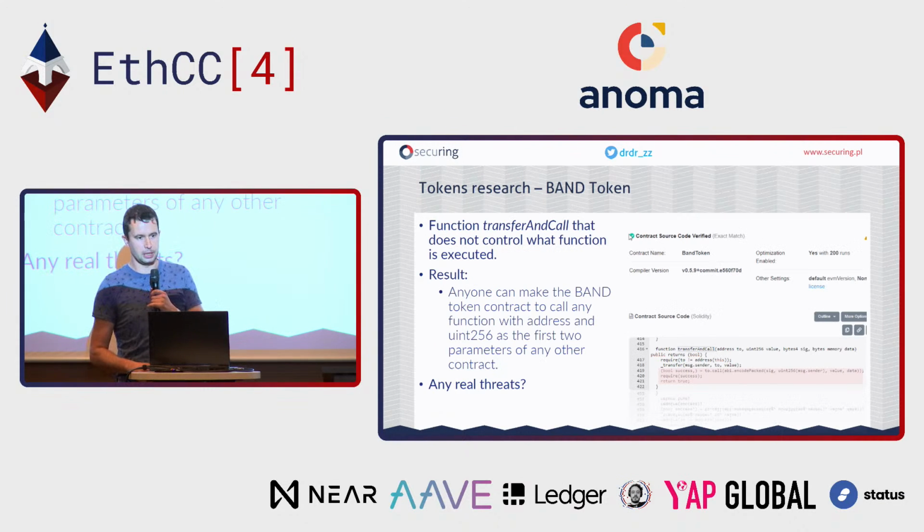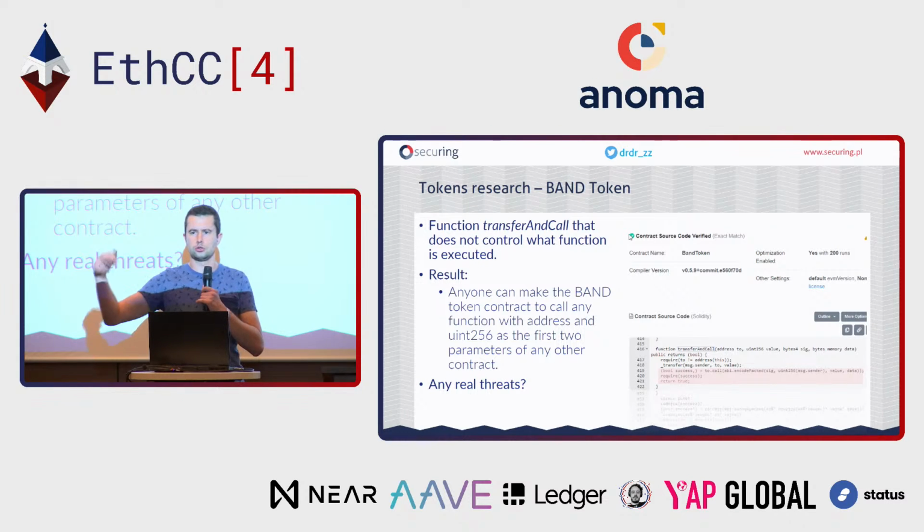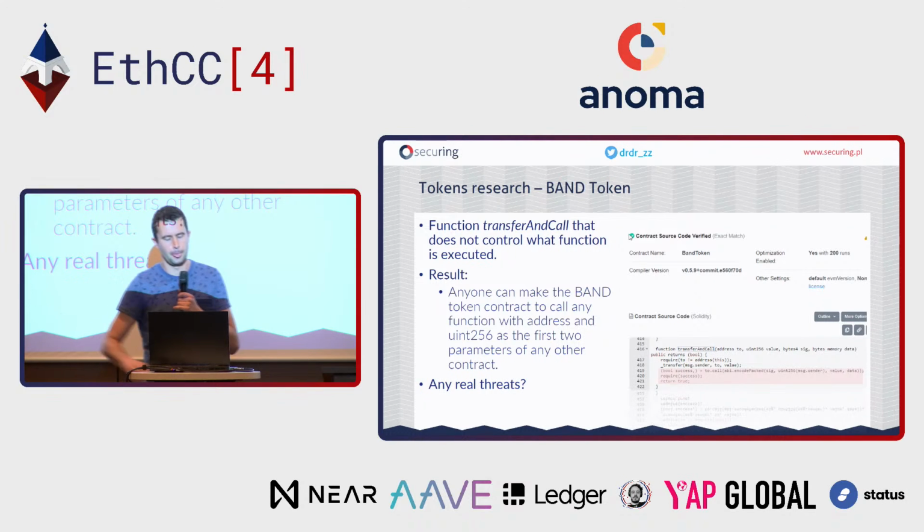The first one was the Band token, where they had an interesting function called transferAndCall. This function is actually quite common, but not in this form, because here the transferAndCall function is the function where you first transfer and then call some function on the receiver. If you are familiar with 1155, as far as I remember, they have that onReceived function.